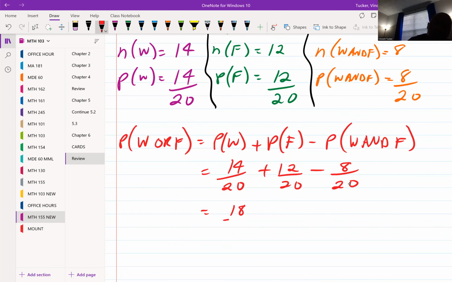That would be 18 over 20, which will reduce down to 9 over 10.